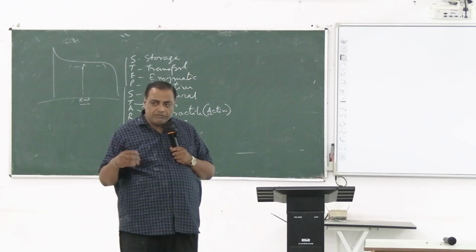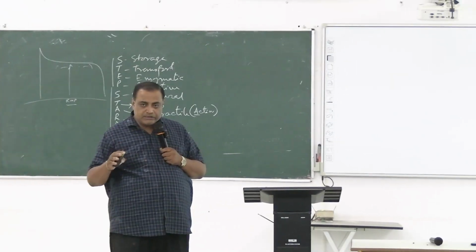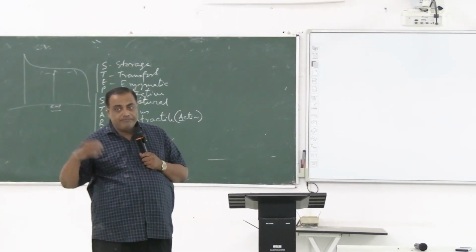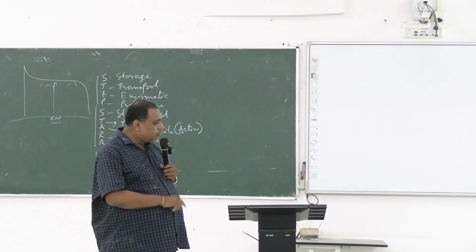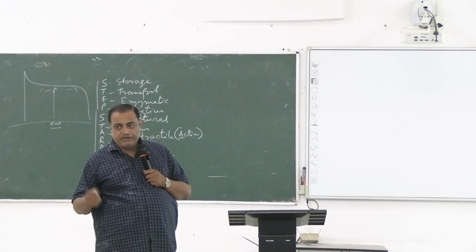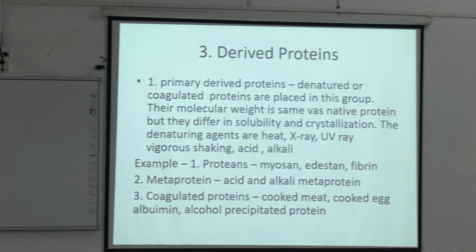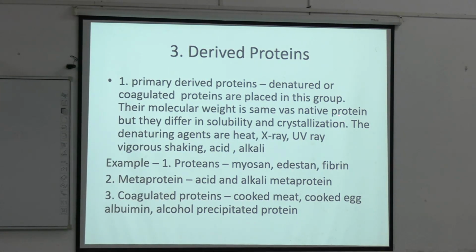So it is no more albumin anymore. It is coagulated albumin, a derived protein. Correct? Collagen to gelatin. Molecular weight is same as that of the native protein, but they differ in solubility and crystallization.